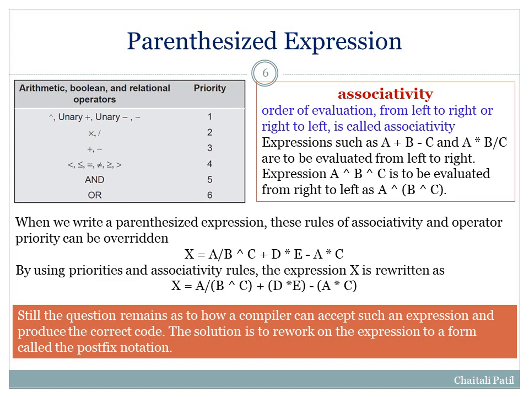So this table is giving the priority of the operators. Unary plus, unary minus and tilde operators have the highest priority. Then multiplication and division have priority 2.